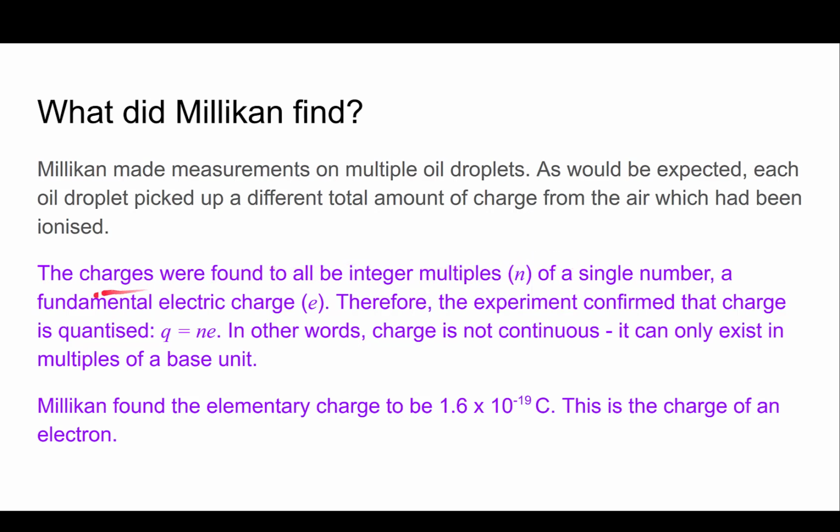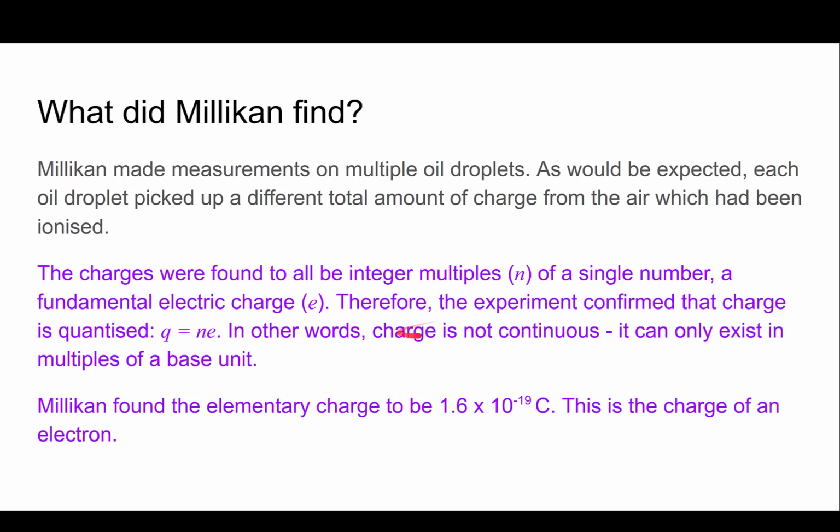And that number is, of course, the fundamental electric charge, the charge on an electron. So the experiment confirmed that charge is quantized. The charge on any object is equal to the number of electrons that it's lost or gained.